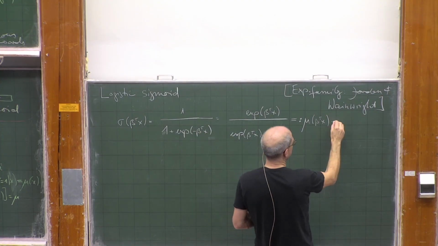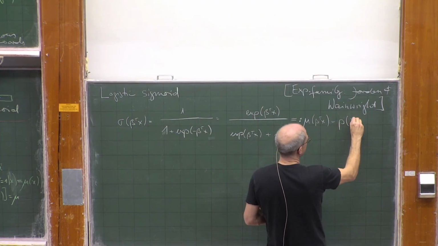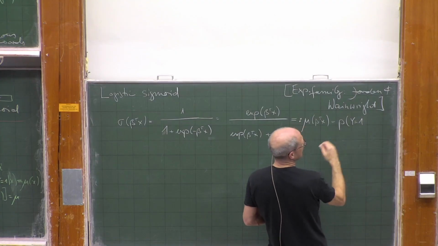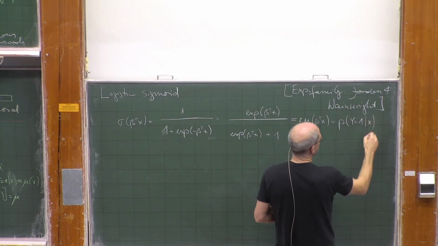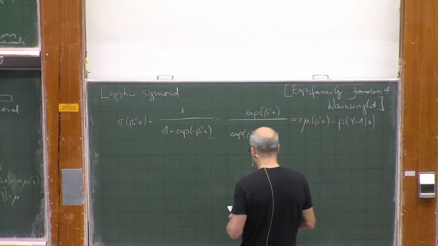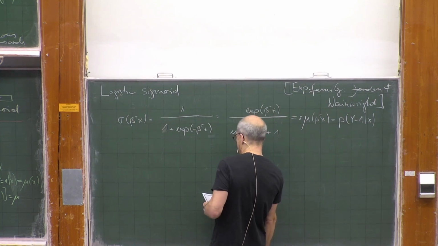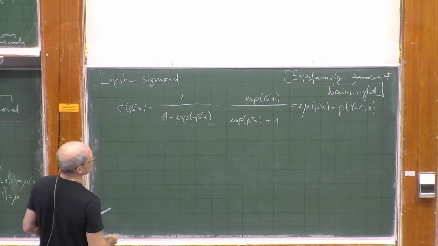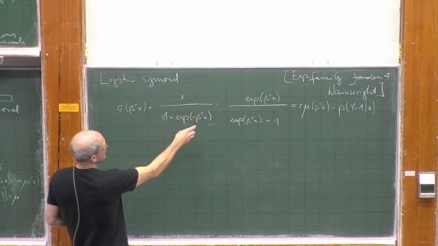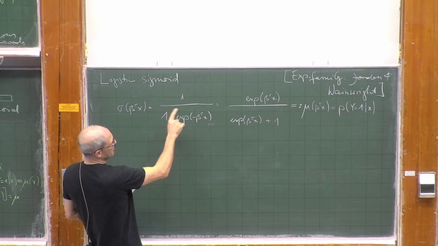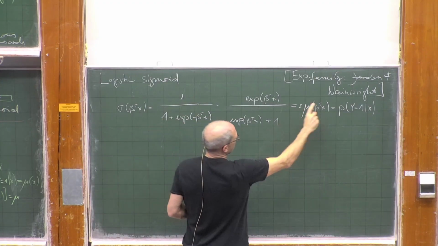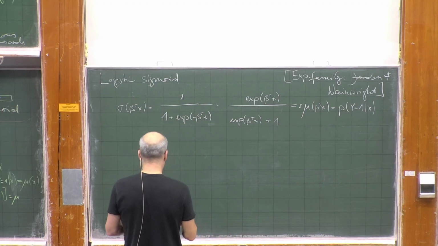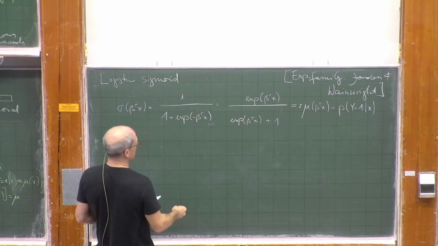And again, this is the probability that we observe class 1 at some location x. Okay, and now this expression here, we can also solve for beta transpose x.